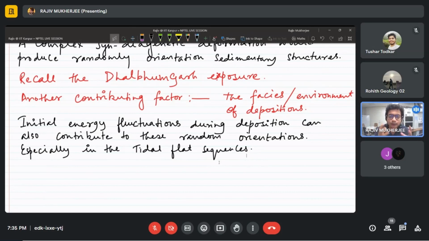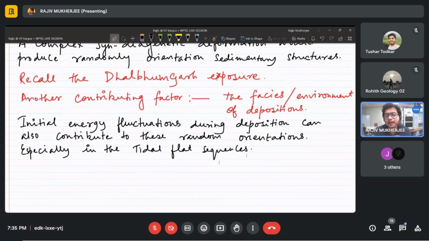So while doing regional mapping, we observe that there are no such signatures of other kind of tectonic structures, right? So if the terrain is perfectly flat and the sedimentary rocks are not altered, they remained in their initial composition. So in that case, there could be a possible factor that the energy fluctuations might have produced these kind of randomly oriented sequences of these convolute structures or dish and pillar syn-sedimentary structures.